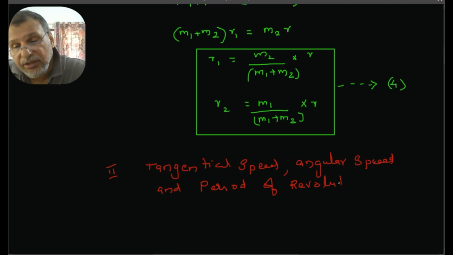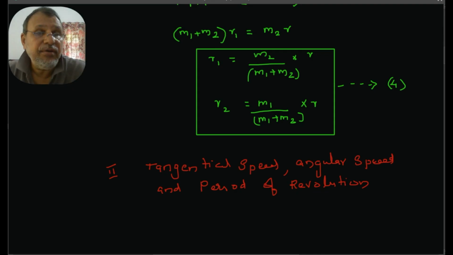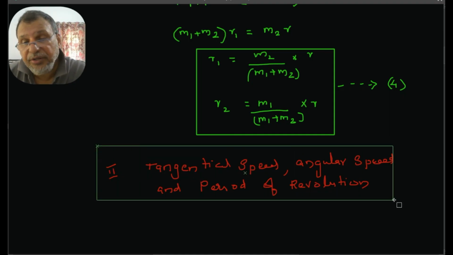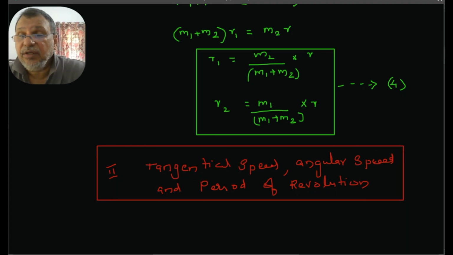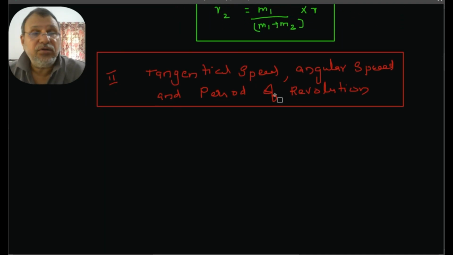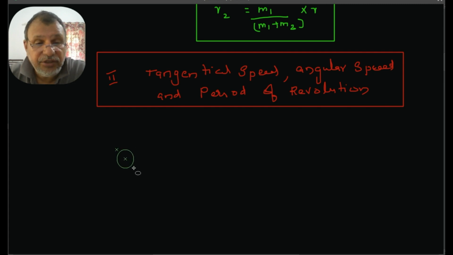Let's take a look at the case again. I'll draw the diagram one more time, so we will find it easy to work with these quantities. Here we have the first body whose mass is m1.